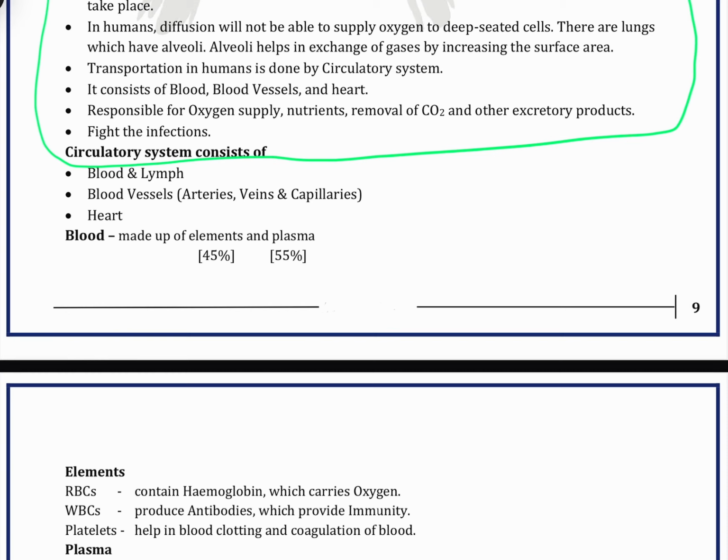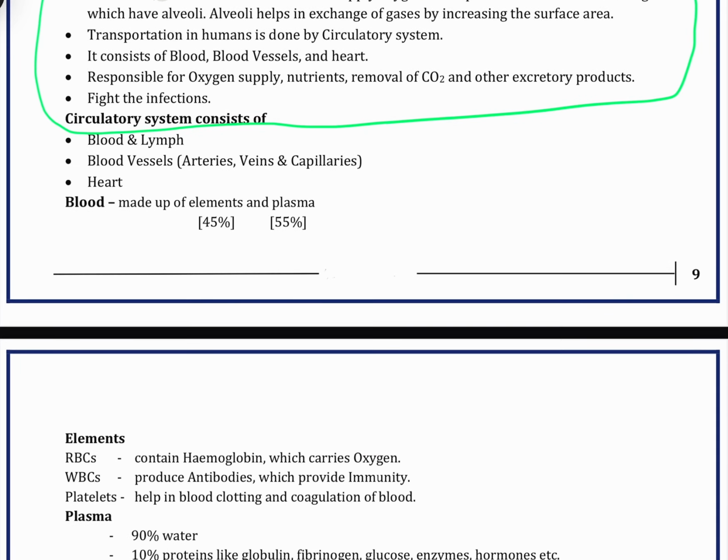The circulatory system basically means all the connections, all the system through which the blood circulates through our body. It consists of blood and lymph, blood vessels which are arteries, veins and capillaries, and the heart, the pumping organ.